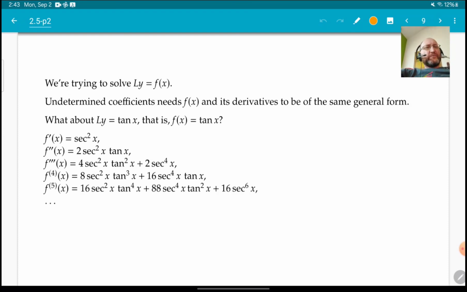It just gets worse and worse. Each one of them is different. We cannot find some general form here that will just work for all derivatives. So that's something that we would need for undetermined coefficients. So undetermined coefficients is not going to work when the right-hand side is a tangent.